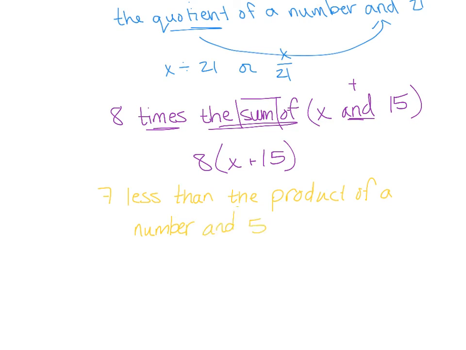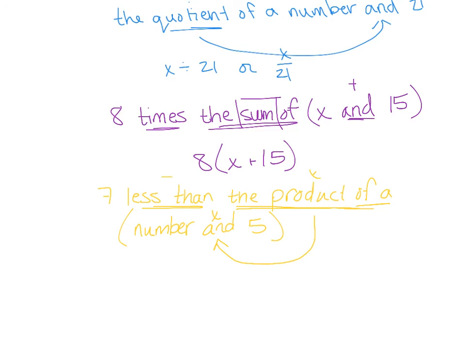So here we have the product of, okay, that means directly after we're going to have parentheses. The product means to multiply, and it's going to take the and spot, so we know we're multiplying a number and 5. Okay? Then we also have less than, which is a turnaround word, but it means minus.